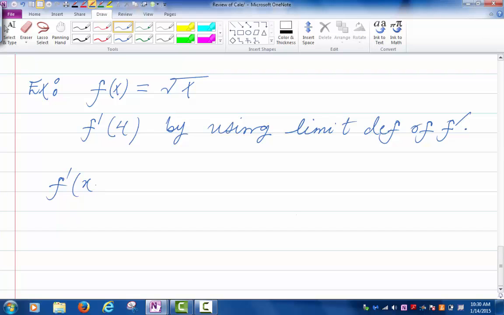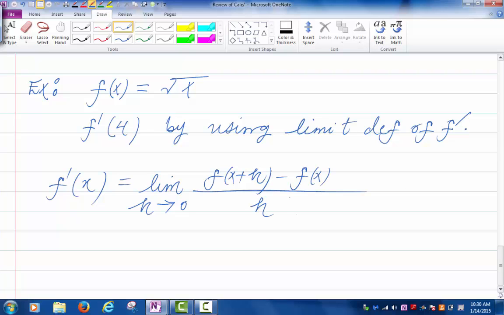Well, first of all, what is f prime of x? f prime of x is the limit as h goes to 0 of (f of x plus h, minus f of x) divided by h, right? That's the limit definition of the derivative of f.